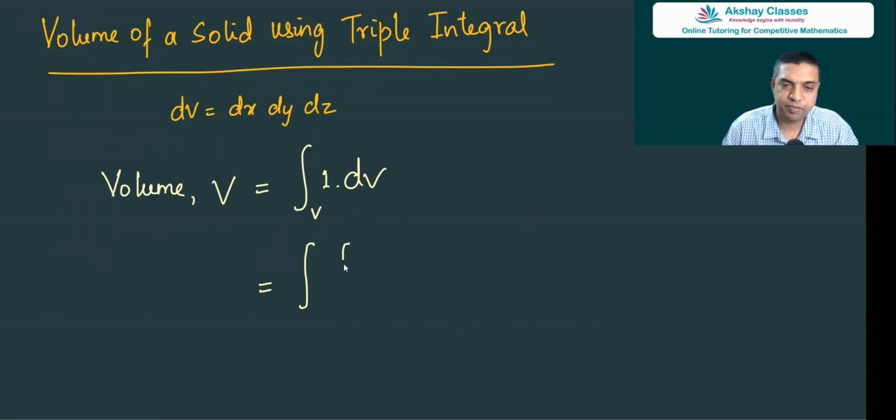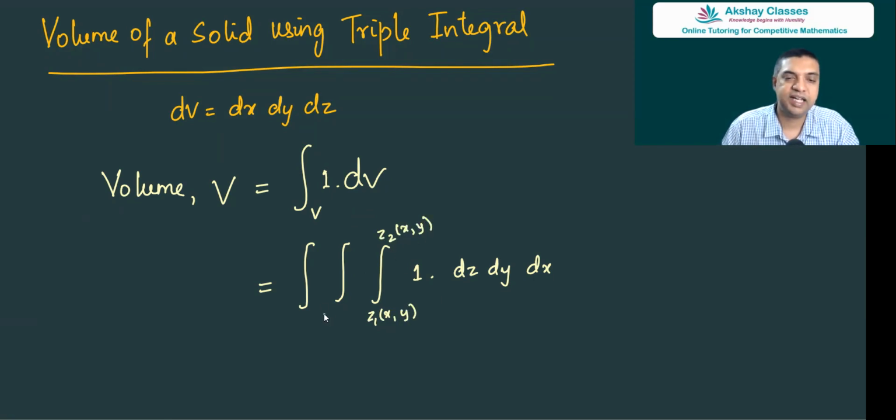So we get a triple integral like this: 1 times dz, dy, dx, or any order you want to choose. Whichever order you integrate first, that should be a function of the other two. Second, if you integrate with respect to y, then y should be a function of x.